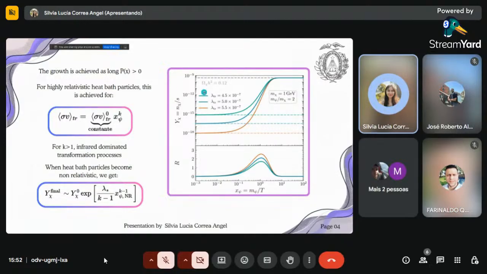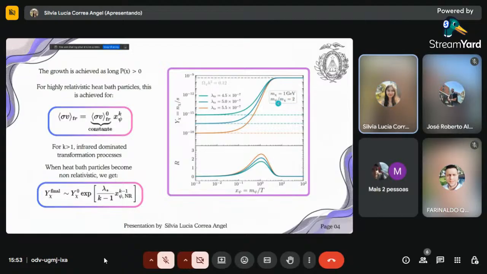Here we have a plot where they are describing this. They have fixed the mass of the dark matter just to illustrate the behavior of these mechanisms. They are assuming the dark matter particle is 1 GeV, and the relation between the mass of the psi over the mass of the dark matter is of order 2.